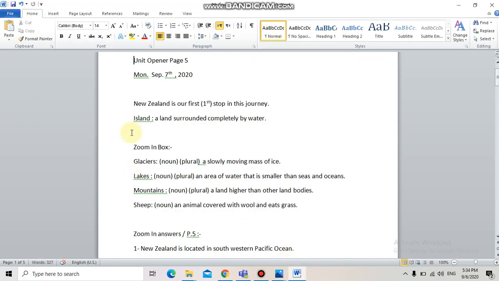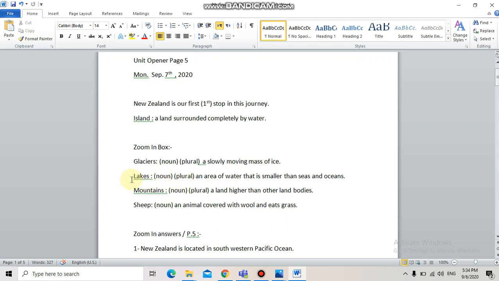So the zoom in box, I bet you were confused or wondering what do we mean by glaciers. Glaciers, noun, and it is plural, a slowly moving mass of ice. What's the singular form of glaciers? Glacier. Lakes, noun, again it is plural.